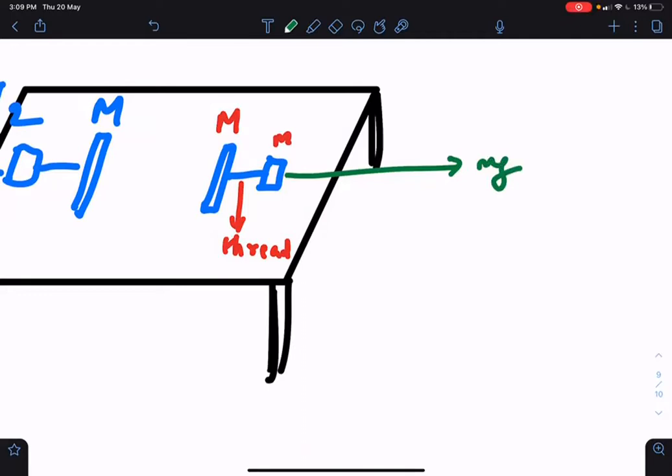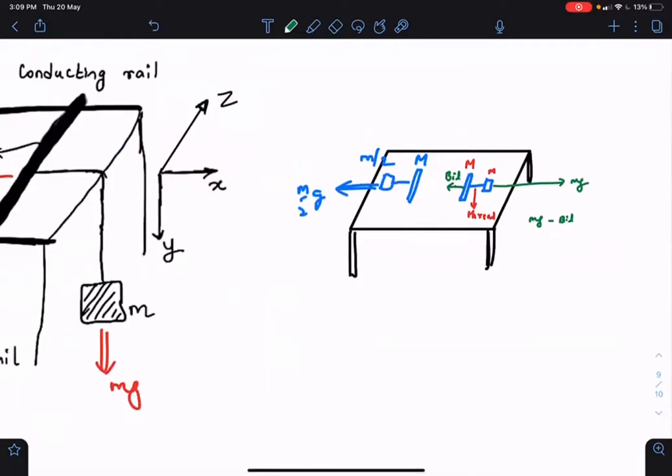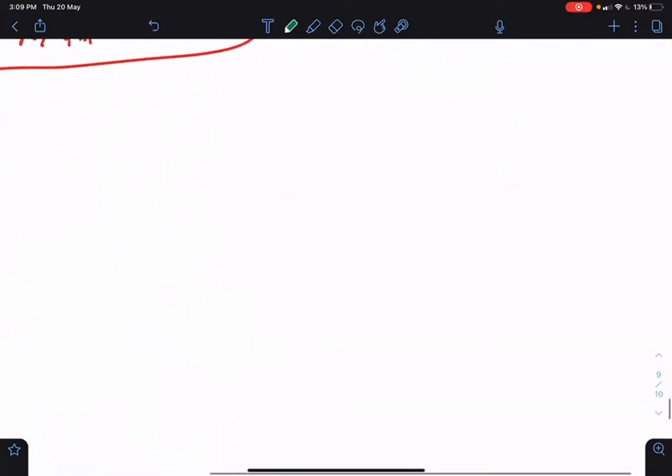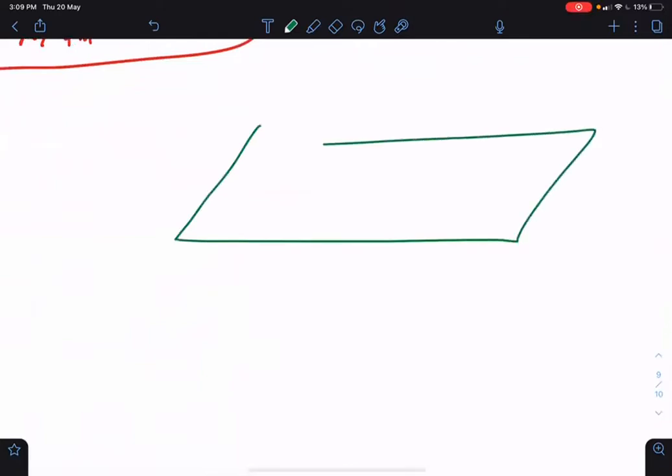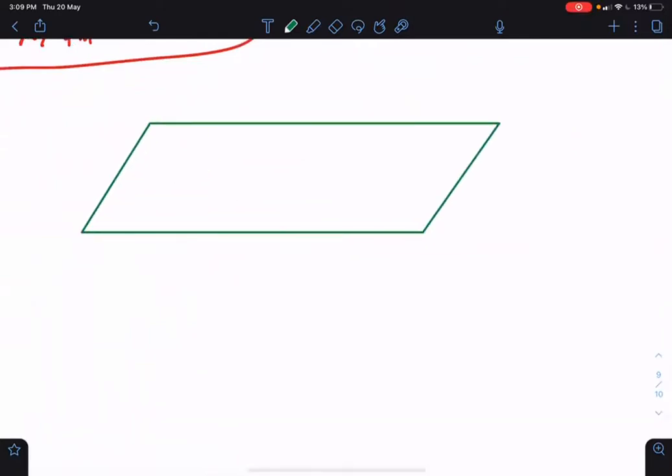Okay, so now I understood, sir. I thought there's a constant force mg acting on that rod, sir. Yeah. So now you understood, no? Yes, sir, mg minus BIL. Okay. So ultimately, what you can do is you can simplify this and say that you have got only two rods. So that was just for the confusion purpose only.